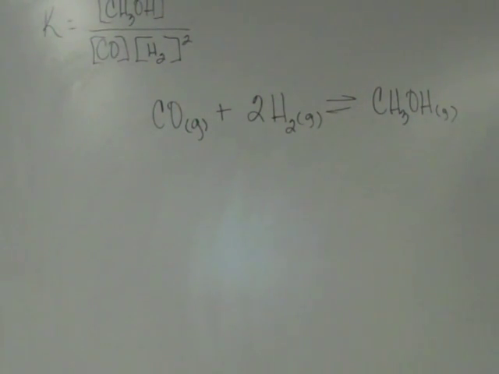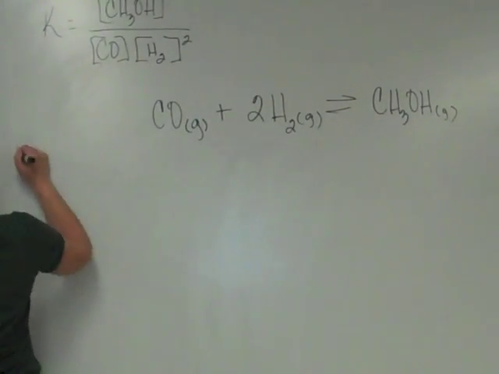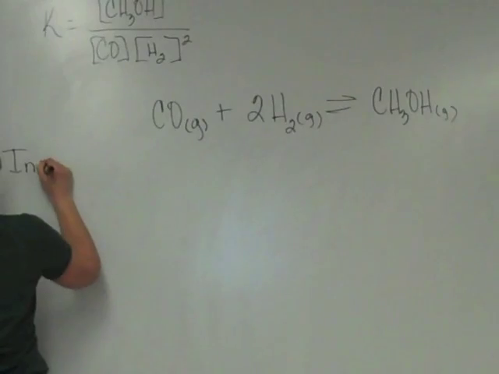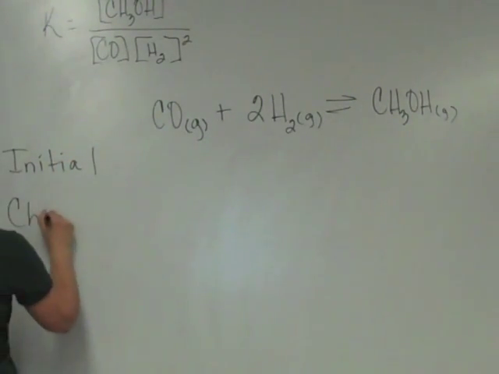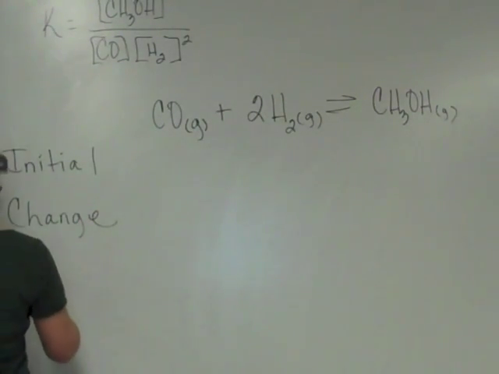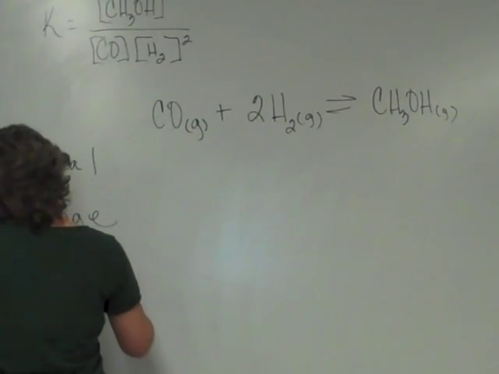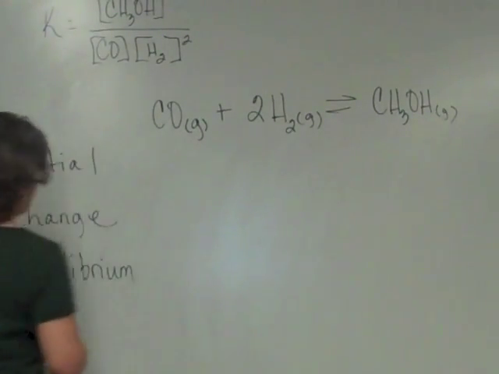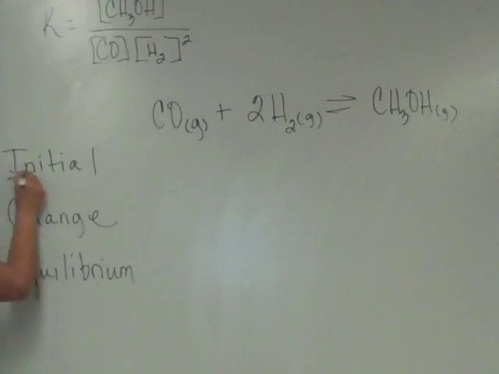Okay, and here comes the ICE part of it. So, we say initial, change, and equilibrium. ICE, an ice diagram.